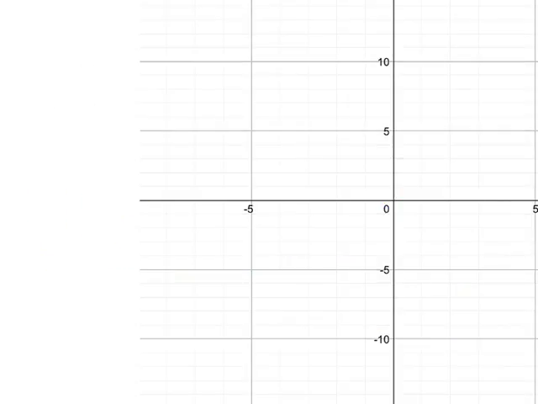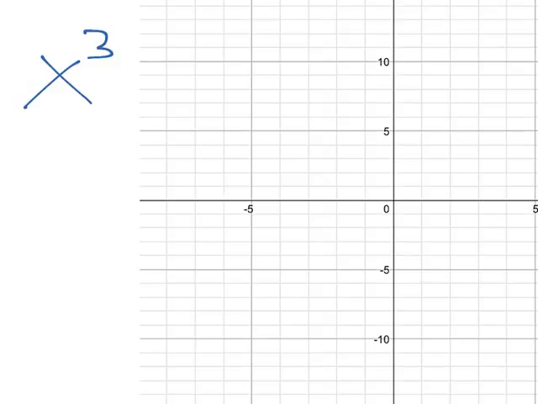The second transformation is the x cubed. This one is the S shape. In this one we also have 3 reference points: one at the coordinate 0, 0, one at the coordinate 1, 1, and the other one at the coordinate minus 1, minus 1.